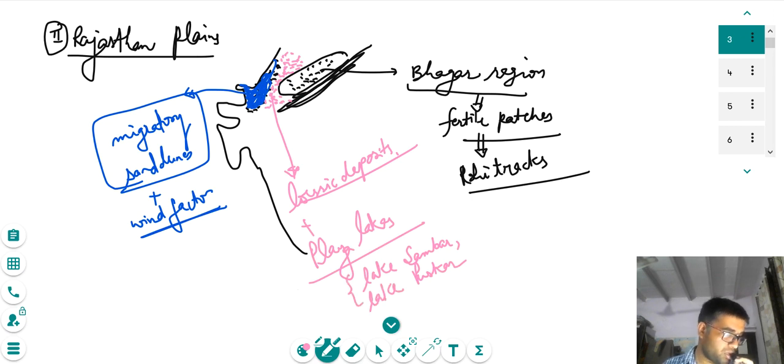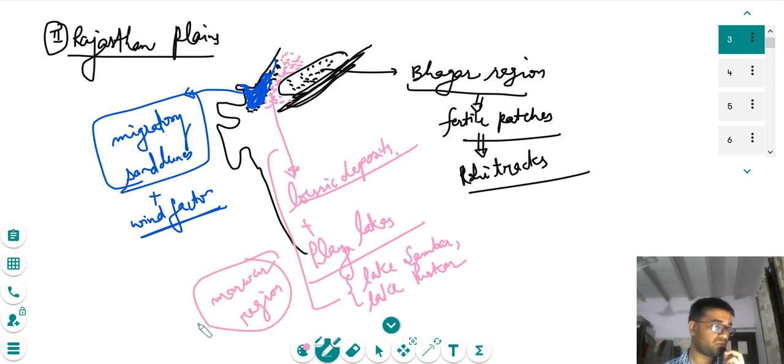Okay, and this region is called the Marwar region. Marwar region, right? So I hope we have done the Rajasthan Plains also, and this is the categorization of the Rajasthan Plains, right?